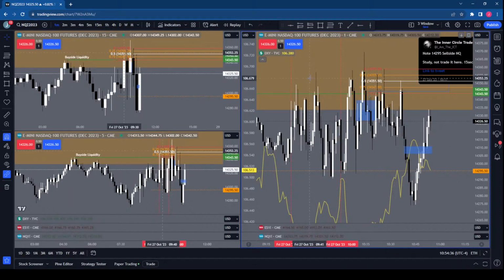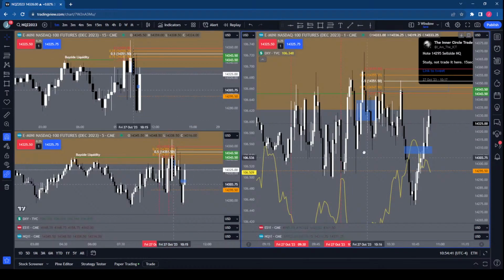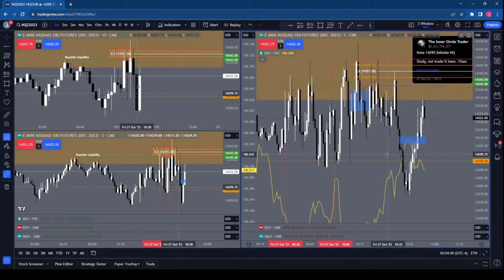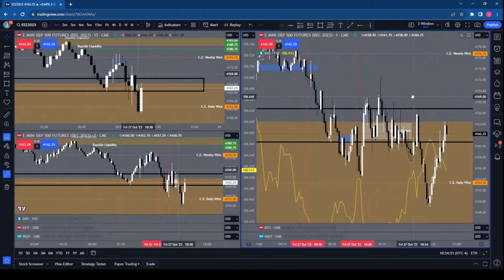So with this price structure at this location and at this time, that feeds a lot better to expecting sell side delivery than what I think ES showed.